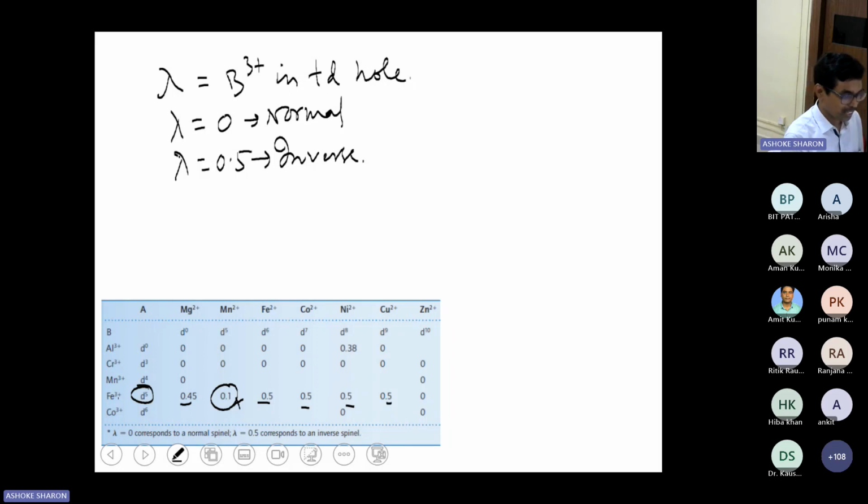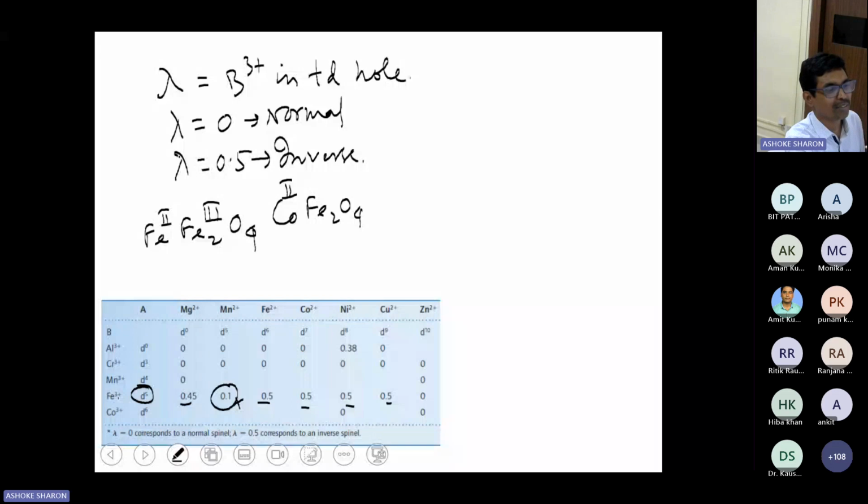But for Fe3O4, in which Fe2+ and Fe3+, this will have inverse 0.5. Similarly cobalt, CoFe2O4, cobalt 2+ and Fe3+, will also have inverse. Or CuFe2O4 will also have the inverse structure.